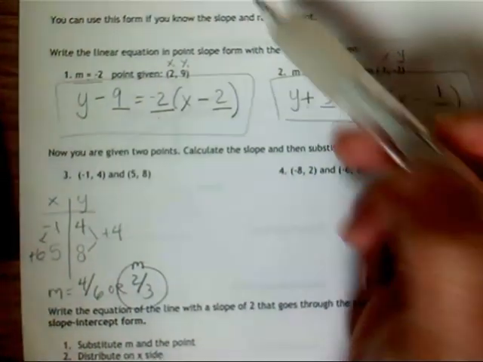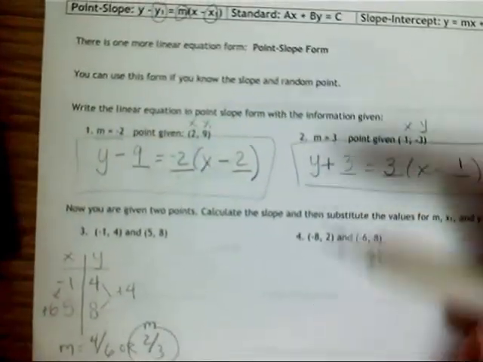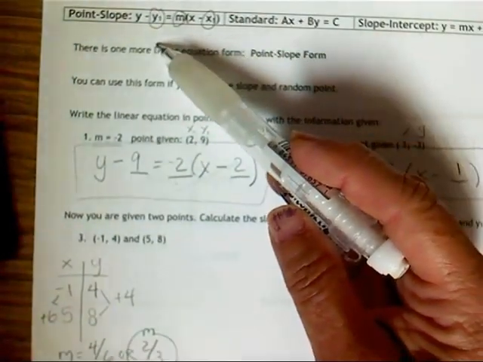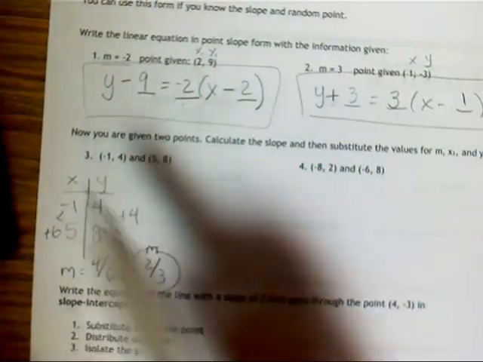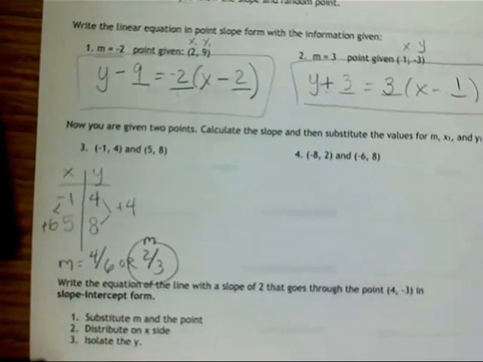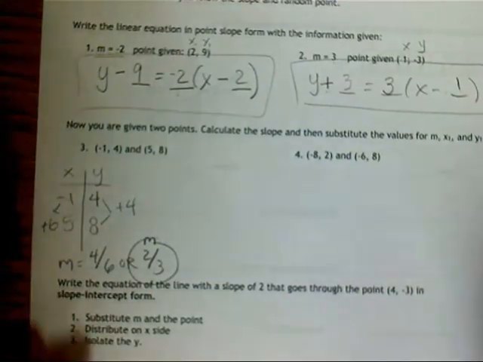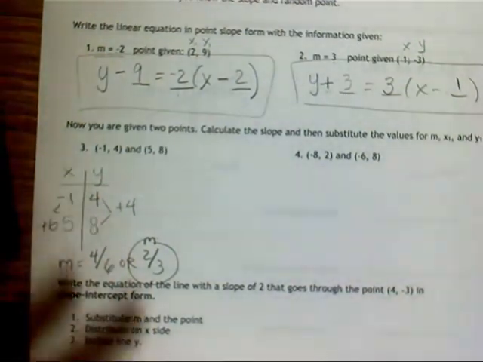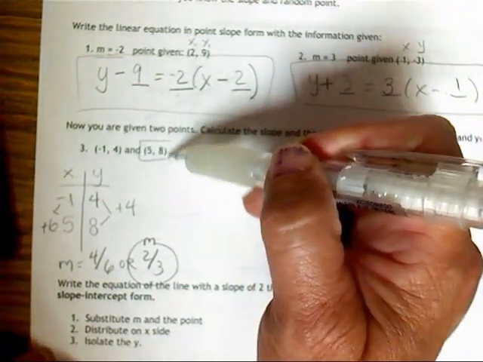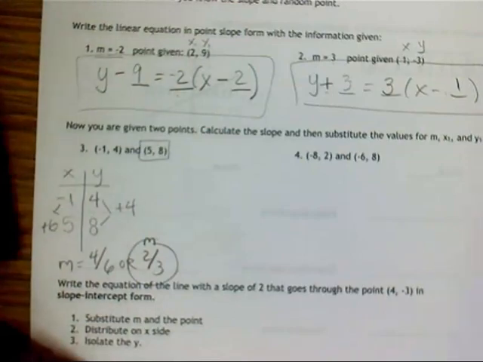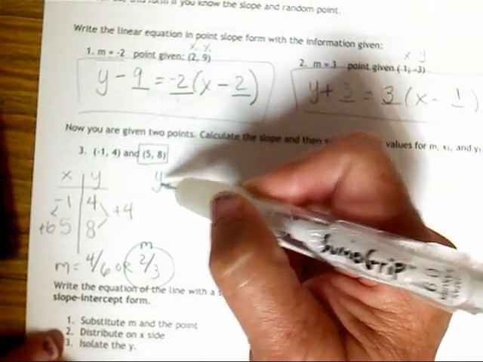Now I'm ready to substitute into my formula right here. And this is a little bit different. I actually have 2 points. I can use either one and I would get the right answer either way. Me personally, if I have one with negatives and one without, I always go to the one without, because negatives tend to make us make mistakes.